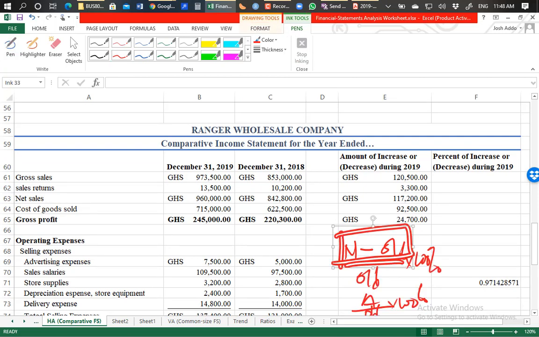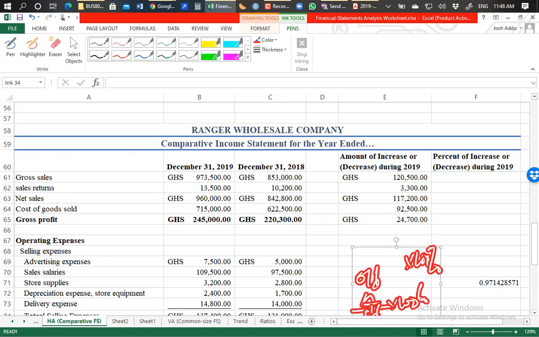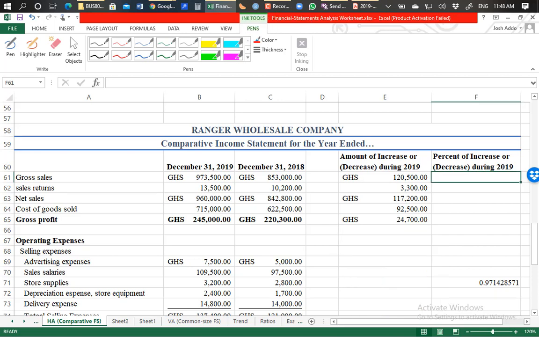So we can do that here. Here is equal to this change divided by, and on your keyboard you press the division sign, which is the forward slash key.